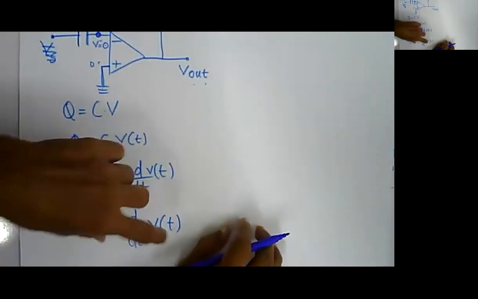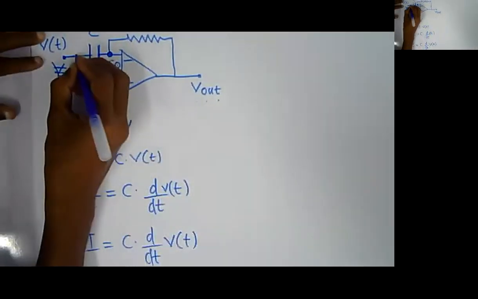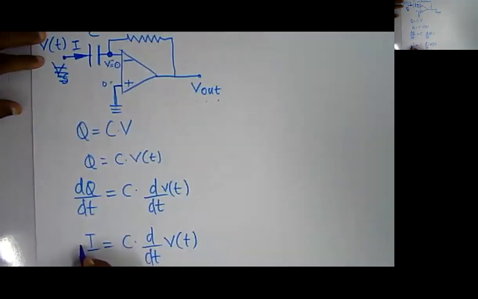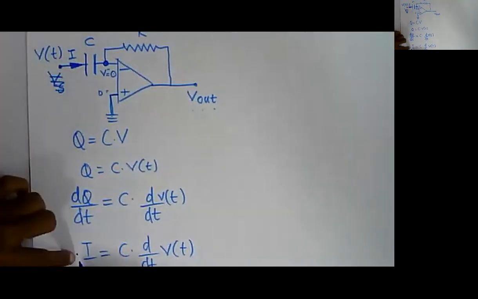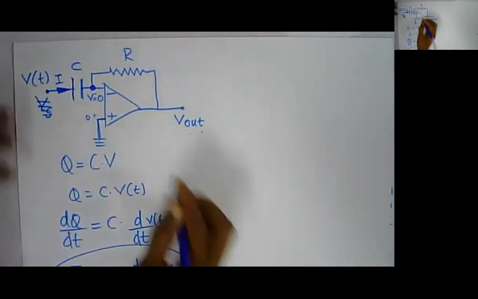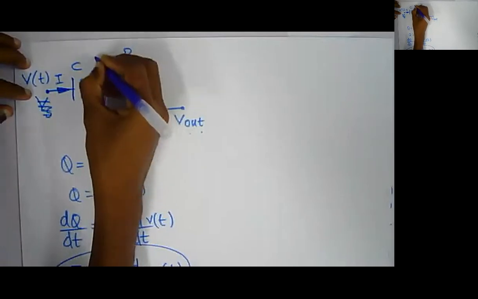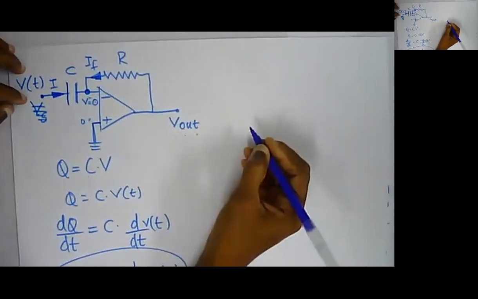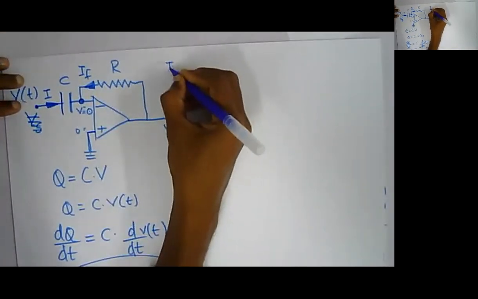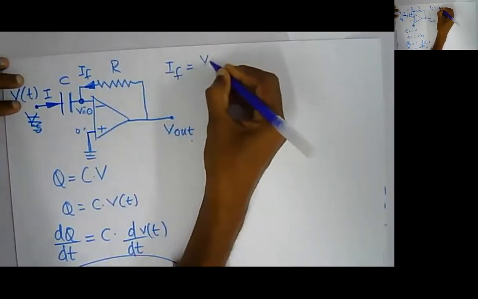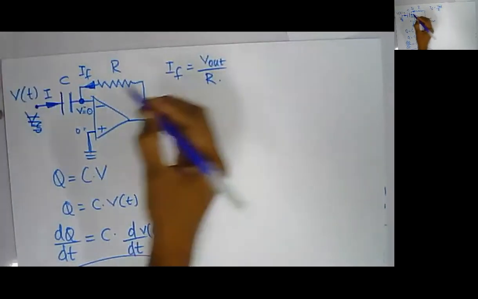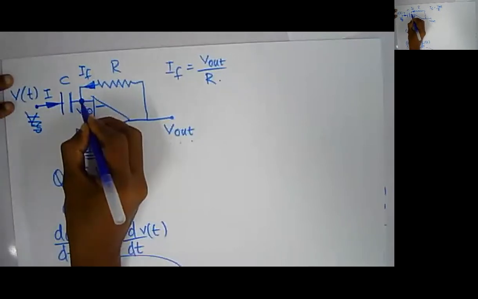Okay, now apply this one there. If I mark this current as I, it is given by this equation. Now mark the feedback current. Let this be IF. IF is simply V out minus 0 by R, so IF equals V out by R. Again, I am going to apply Kirchhoff's current law at this point.